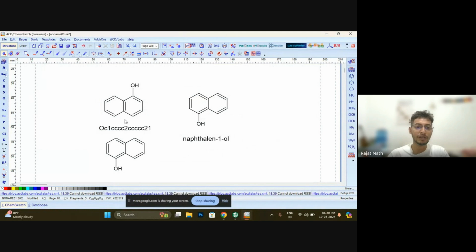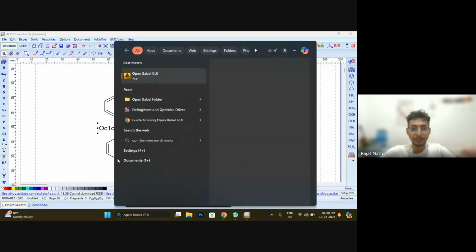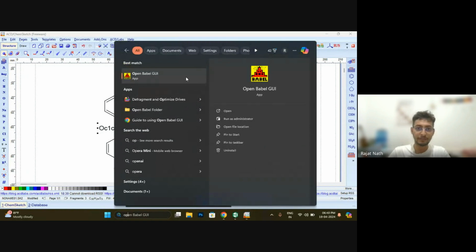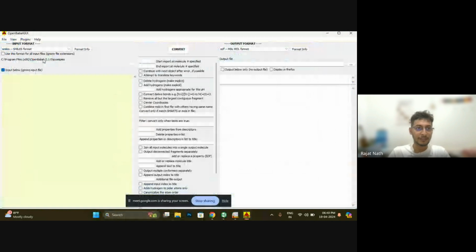If we want to convert this SMILES notation to SDF format, just copy this structure's SMILES and go to Open Babel. On the left-hand side, select the input format. Here SMILES is already selected. I will paste this SMILES here, give a space, and give a name.